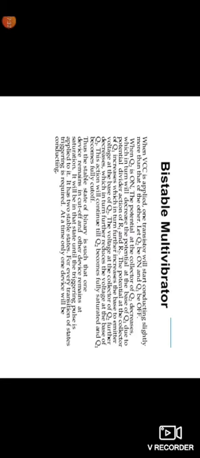Whenever VCC is applied, the power supply is applied, one transistor will start conducting slightly more than the other. Here let the transistor Q2 be on and Q1 off. When Q2 is on, the potential at the collector of Q2 decreases, which in turn will decrease the potential at the base of Q1.